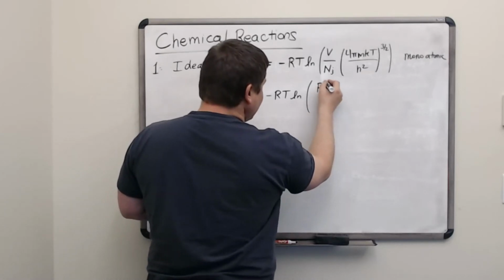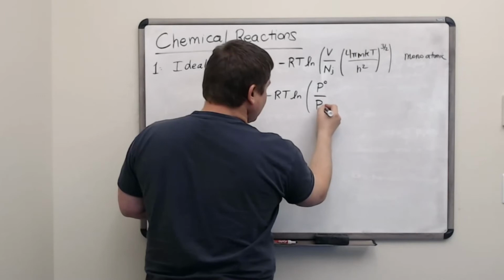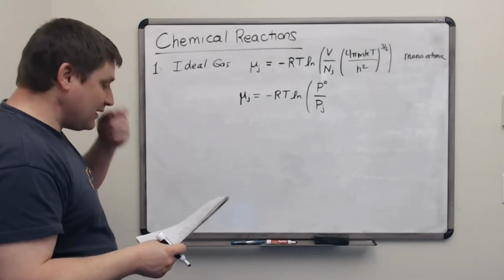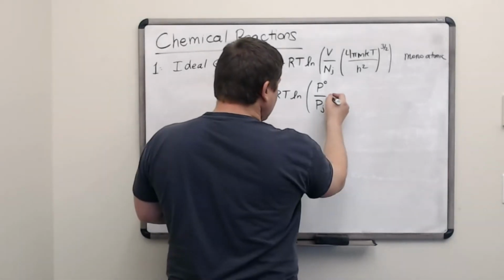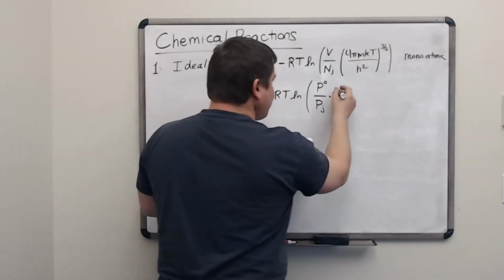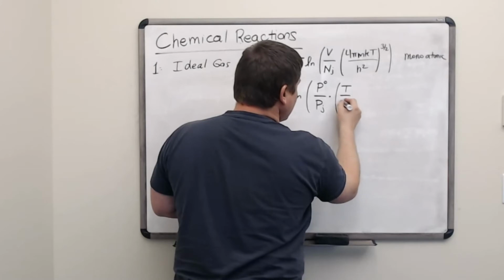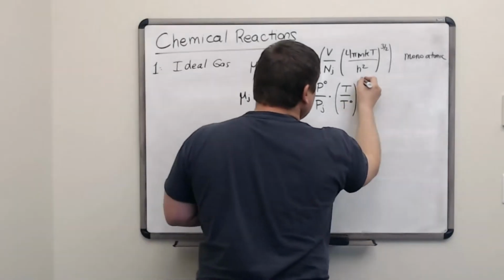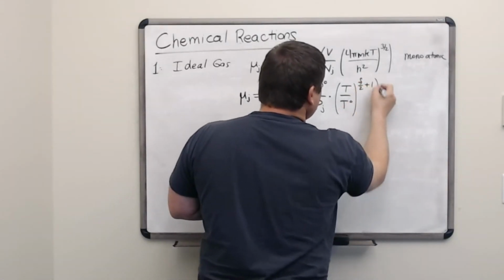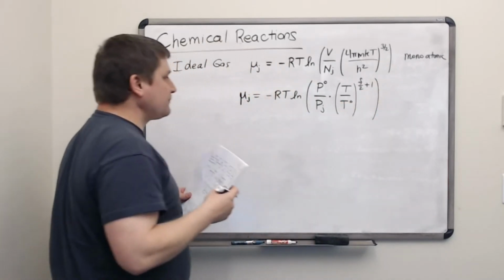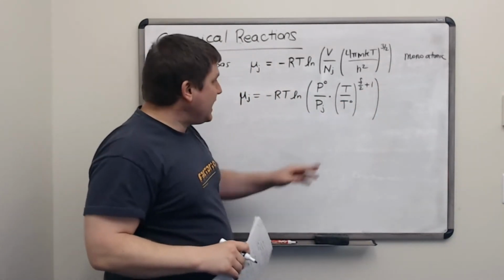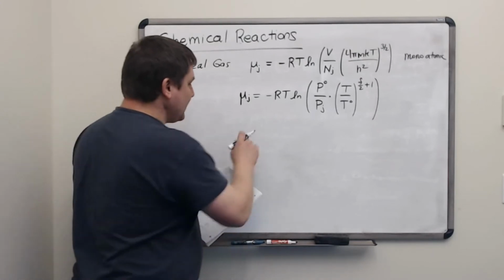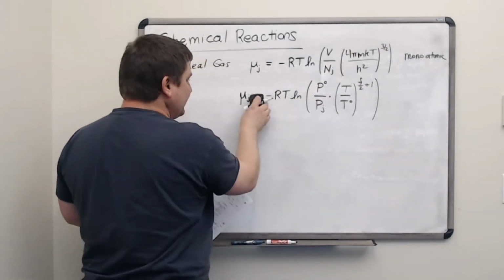So in general, then we write this as the pressure of that component of the gas, the temperature of the system as a whole, to the F over 2 power from this, where F is the degrees of freedom, and a plus 1 power from the ideal gas law with V. So we get this, and of course we can't just ignore all those units in there and get the same thing.